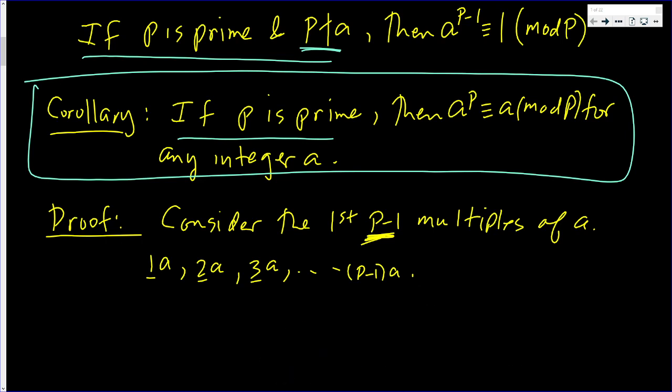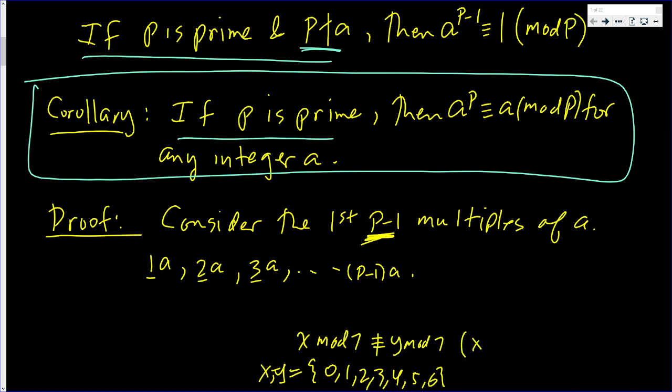What I'm basically saying is, if X and Y are in the set 0, 1, 2, 3, 4, 5, 6, then X is not congruent to Y mod 7, provided X is not Y. Okay, so no pair of these 7 numbers are congruent in modulo 7.